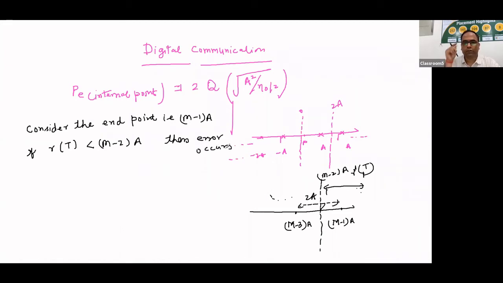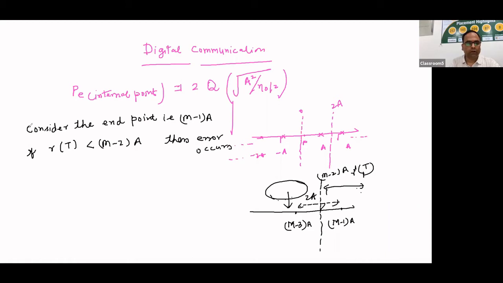What it means is that your symbol endpoint is M minus 1A, meaning the decoded symbol is fixed, that is M minus 1A, but your R(t) is less than M minus 2A. So if R(t) is less than M minus 2A and the decoded symbol is M minus 1A, it means this is a case of error. If R(t) is less than M minus 2A, meaning you are in this region, then your decoded symbol should be M minus 3A.